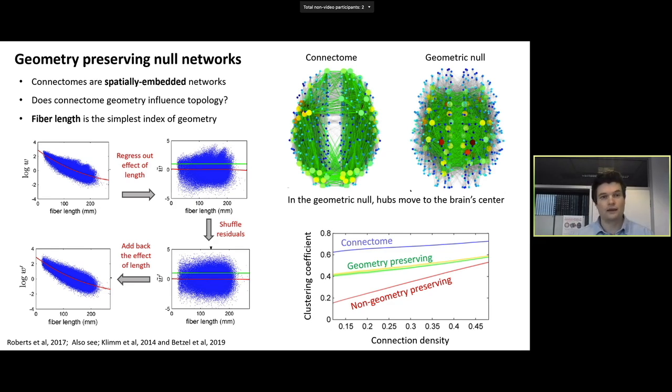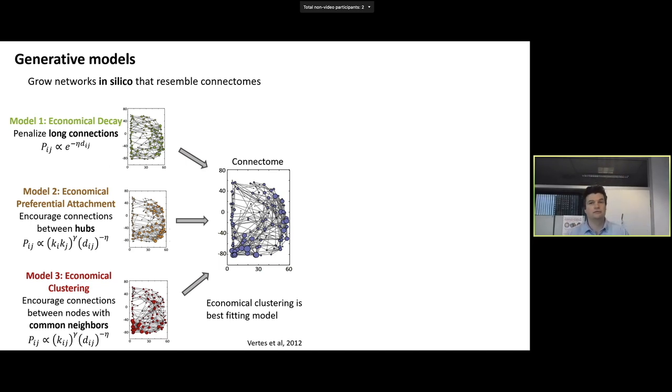There is an alternative or a related concept in null models called generative models, and this is an idea where we grow networks in silico according to particular wiring rules. The idea is that we grow the networks and then compare them to the empirical connectomes to see how well they match. So Vértes considered three different models.